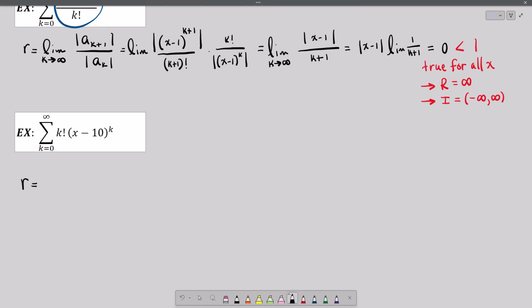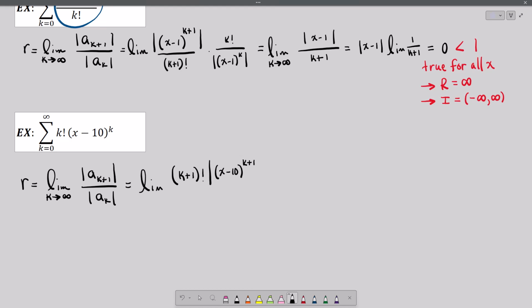Okay, so our ratio. Again, its limit as k goes to infinity of absolute a sub k plus 1 divided by absolute a sub k. So the numerator is going to be k plus 1 factorial, and then we need our absolute value, and we're going to have x minus 10 raised to the k plus 1, close the absolute value.